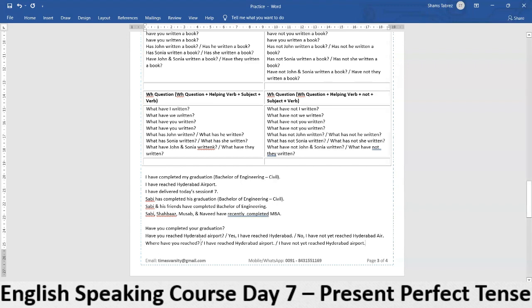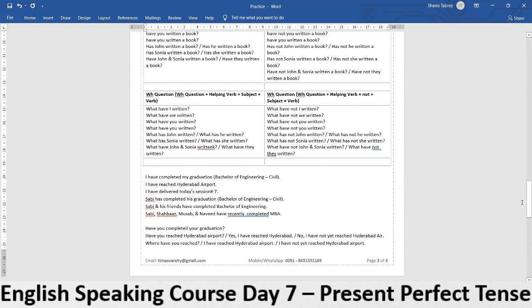So you see, for a WH question, the answer may be affirmative or negative. But for a simple question, if it is affirmative, then it starts with yes. If it is negative, then it starts with no. Okay. And if the question is in present perfect tense, then the answer should also be in present perfect tense.